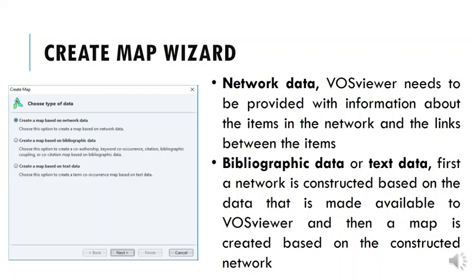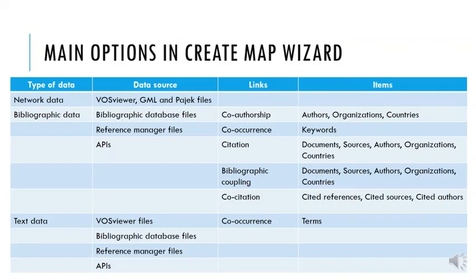On the other hand, if you want to create a map based on bibliographic data or text data, first a network is constructed based on the data that is made available to VOSviewer, and then a map is created based on the constructed network.